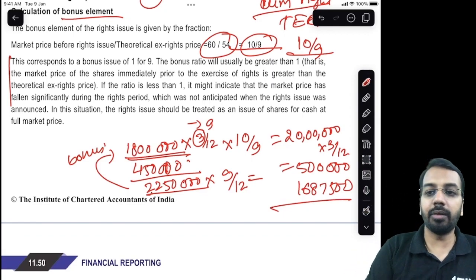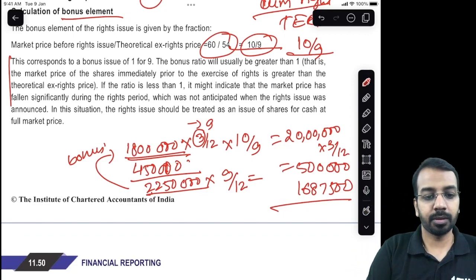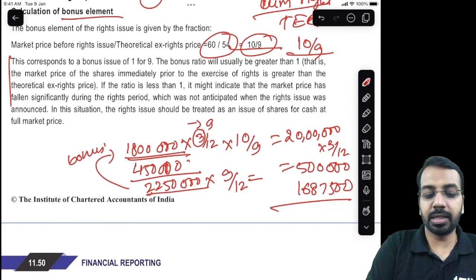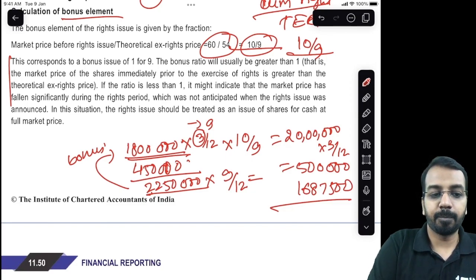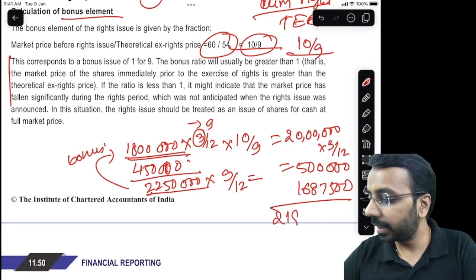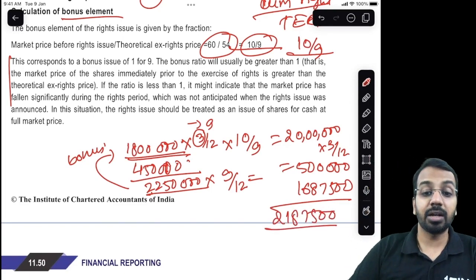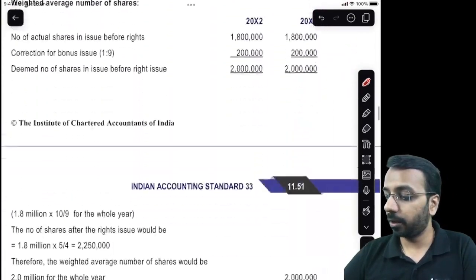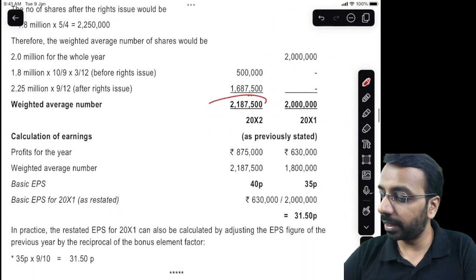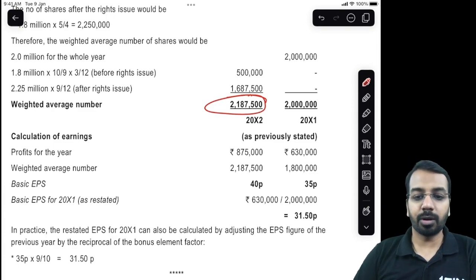So the total weighted average number of shares is 16,87,500 plus 5 lakhs, which is 21,87,500. So this is how we calculate the weighted average number of shares when there is a rights issue. Okay, so 21,87,500 is the weighted average number of shares.